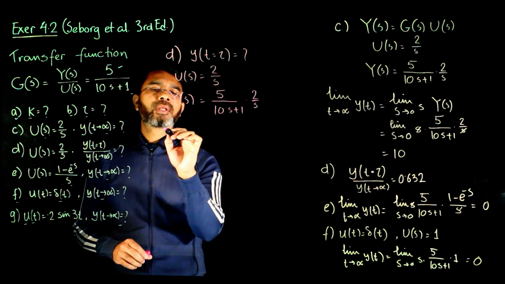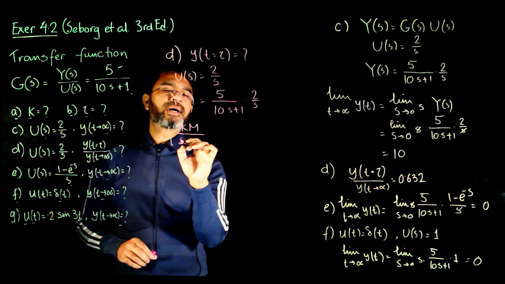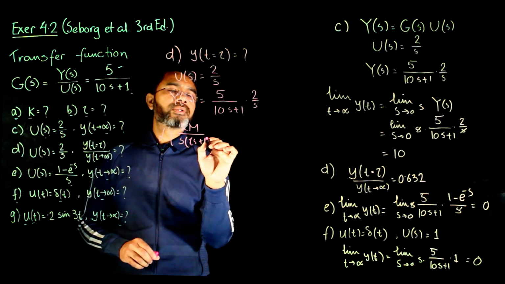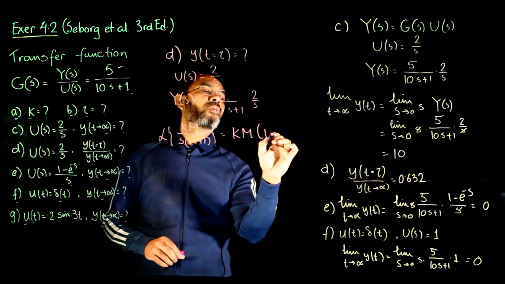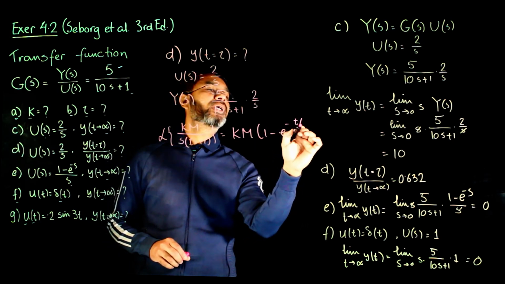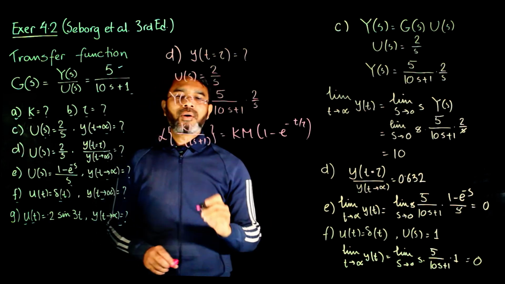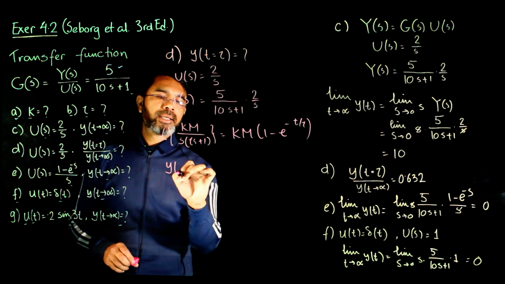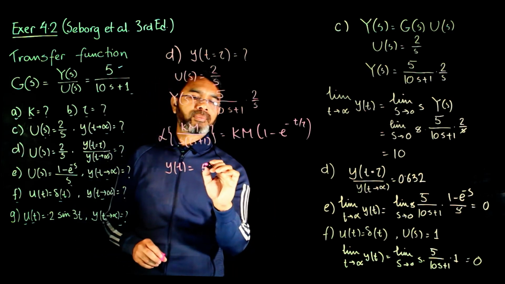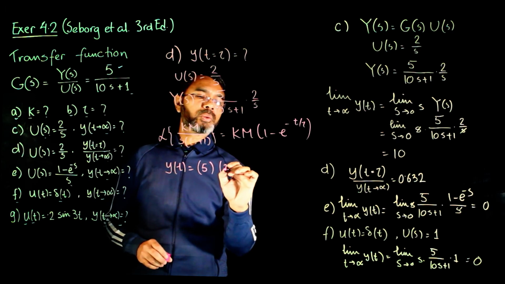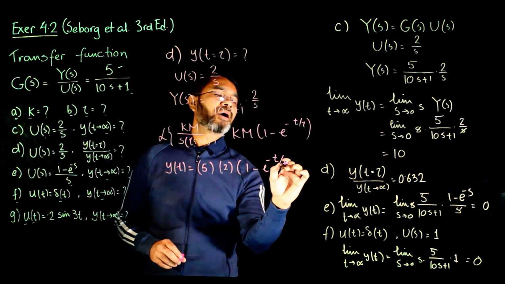We know that if we take the Laplace inverse of K M over tau s plus 1, it becomes K M times 1 minus e to the power negative t over tau. So for our case, y(t) equals the value of K being 5, the value of M being 2, 1 minus e to the power negative t over tau, where tau equals 10.